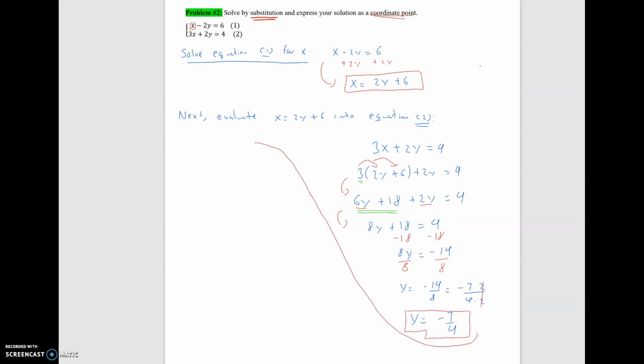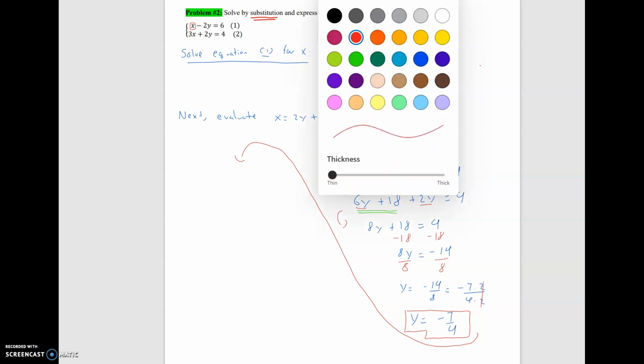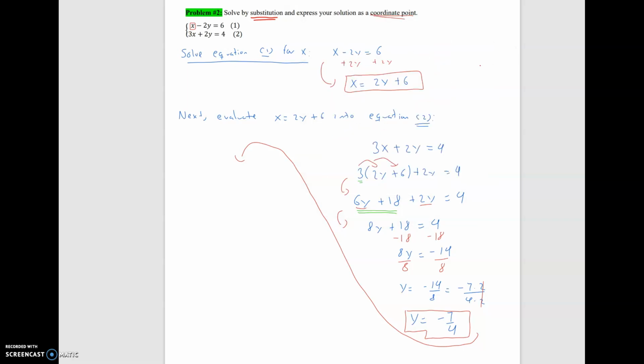Now at this point, we could evaluate that into the first equation. And I'm referring to this one. So evaluate y is equal to negative 7/4 into, and we're looking at x is equal to 2y plus 6.